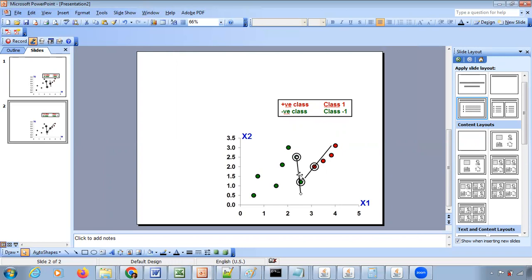Okay, let's do this. We need a parallel line.